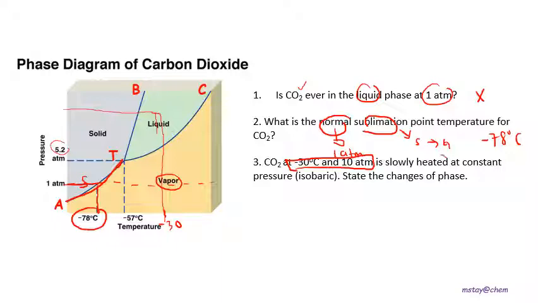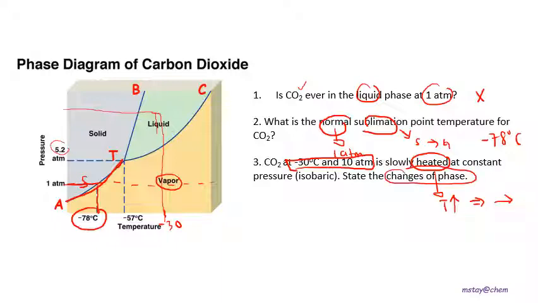It is slowly heated. Like we mentioned just now, if heated, the temperature is increased. So based on this phase diagram, we are going to move to the right. At constant pressure, which is another term for isobaric, state the change of the phase.